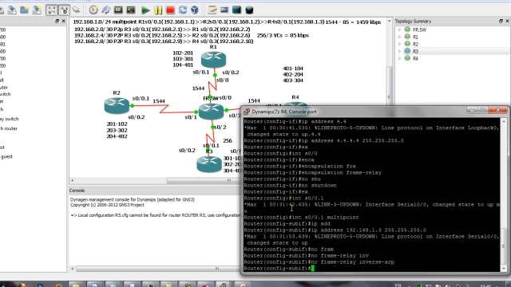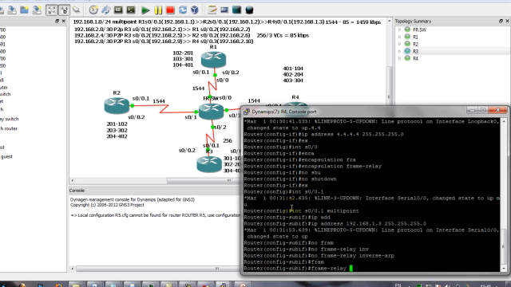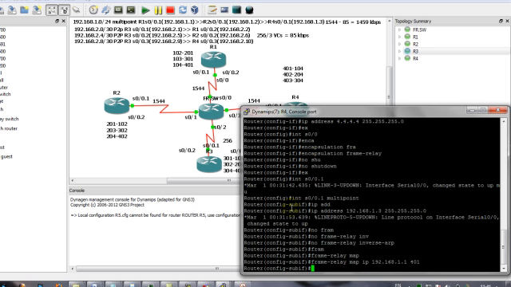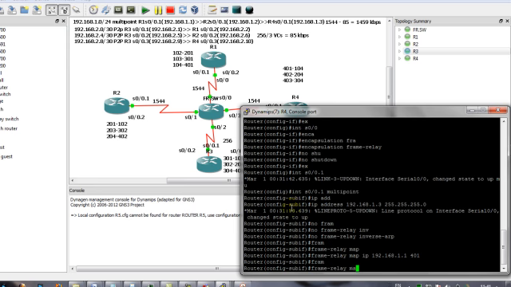Now no frame relay inverse ARP. Frame relay map static IP to contact router 1. This is the destination, 192.168.1.1 with DLCI 401. And also frame relay map IP static IP with router 2, 192.168.1.2 with 402.